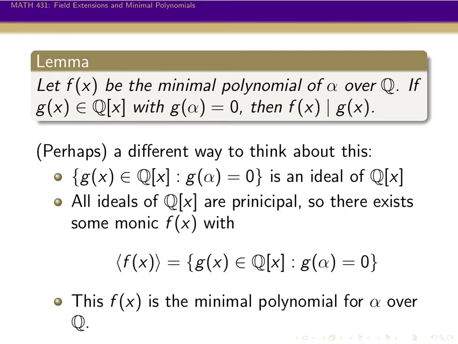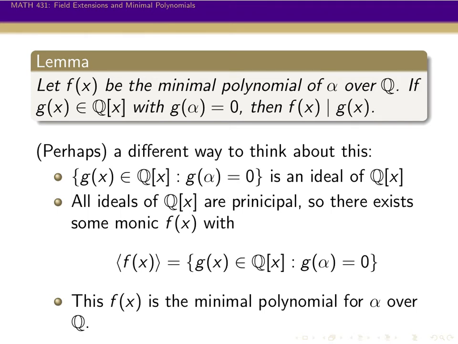But all the ideals of Q adjoin x, because Q is a field, all of these ideals are principal. Q[x] is a principal ideal domain. And so that means that there is some unique, really, monic f of x, such that we can think about this ideal as just the ideal generated by f of x. And this f of x is the minimal polynomial.